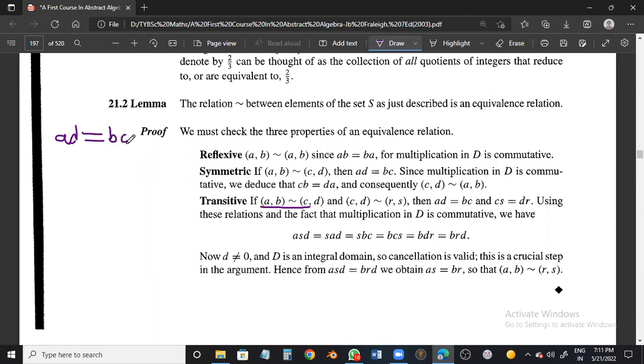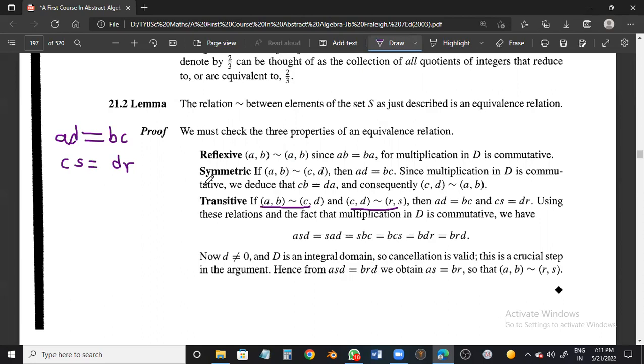What else is given to you? CD is equivalent to RS. So CS will be equal to DR. This is what you are getting. Now what do you want to show? You want to show that AS is equal to BR.